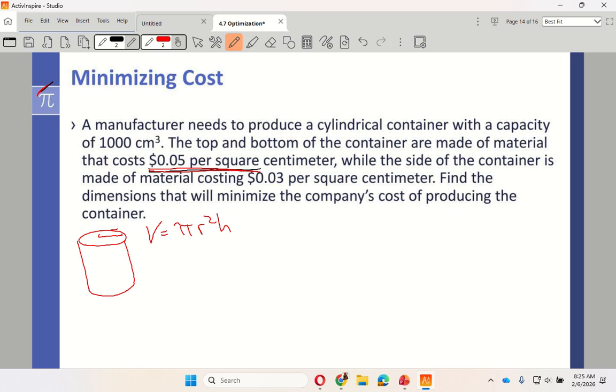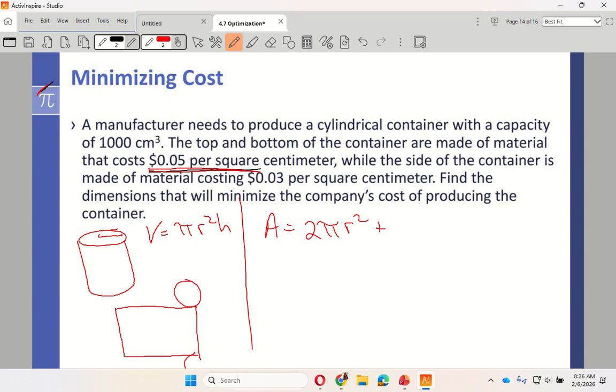So I need to make a surface area equation for this. In the cylinder, if I have a top and a bottom, the area of the top is going to be pi r squared, and since I have a top and a bottom, it's 2 pi r squared, plus, if I unfold this, 2 pi r times the height.